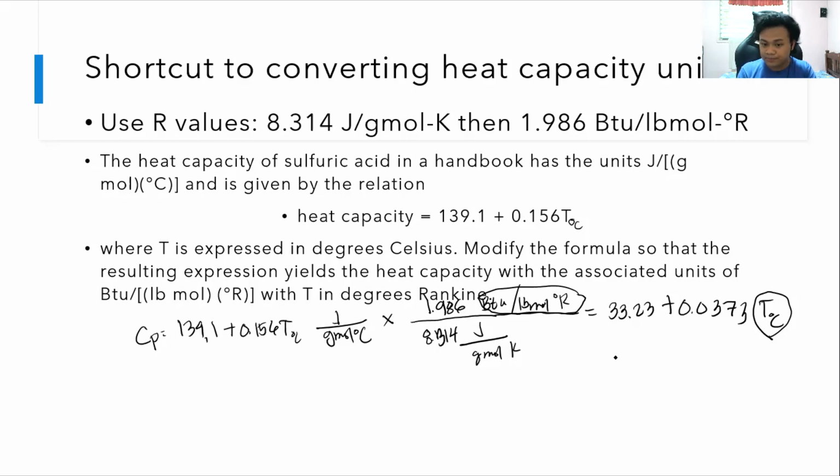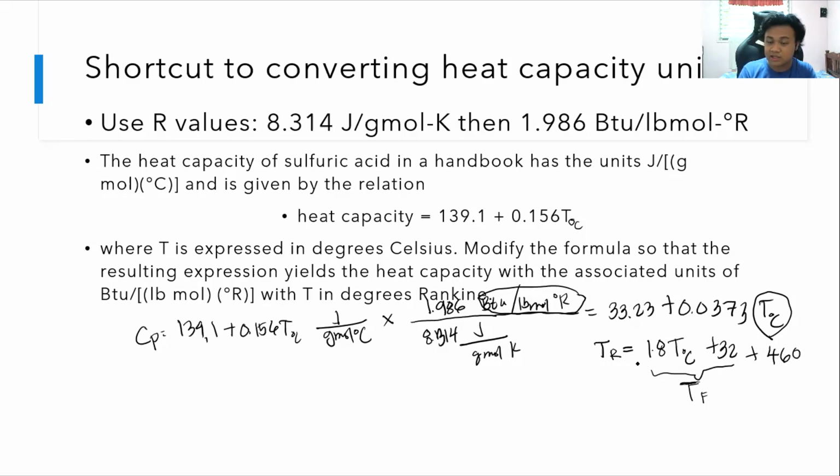One way we can do that is that T_R is equal to 1.8 times the temperature in degrees Celsius plus 32, which will be in Fahrenheit now. Then we add 460.